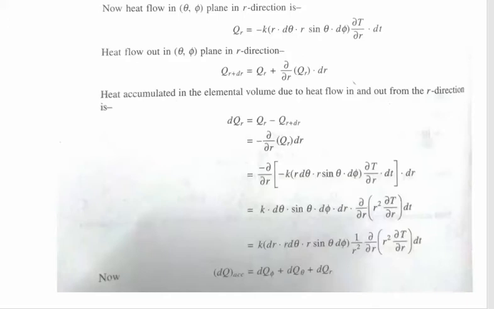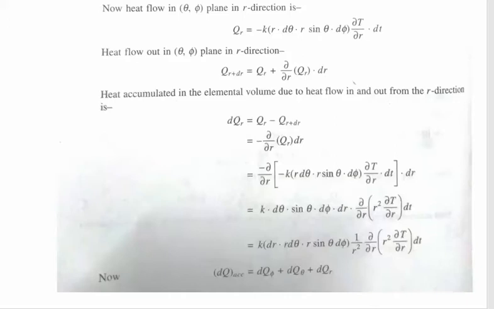By simplifying these equations, we will get k dθ sin dφ dr ∂/∂r of r square ∂T/∂r into dt. More simplified, we will get k dr dot r dθ plus r sin theta dφ into 1 by r square ∂/∂r of r square ∂T/∂r into dt.